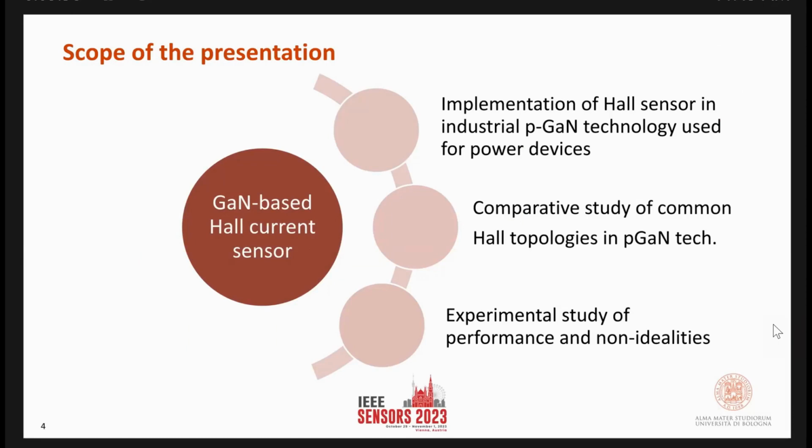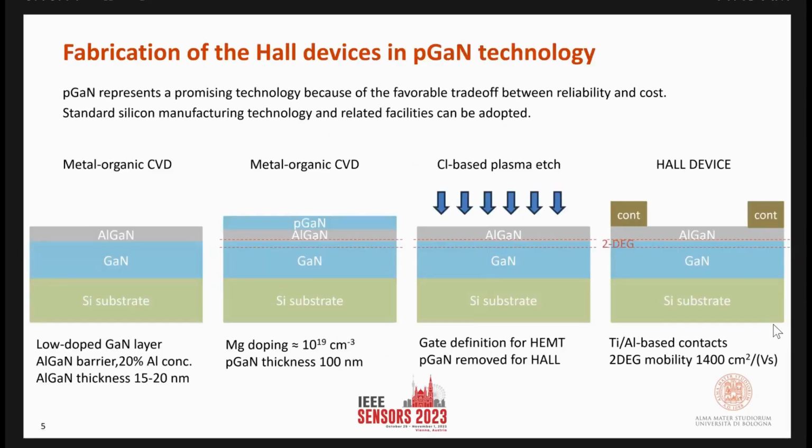We designed a couple of topologies, quite standard. We compared them, and we experimentally characterized the sensor in order to see what the performance is. The technology is summarized here, how the sensor is realized.